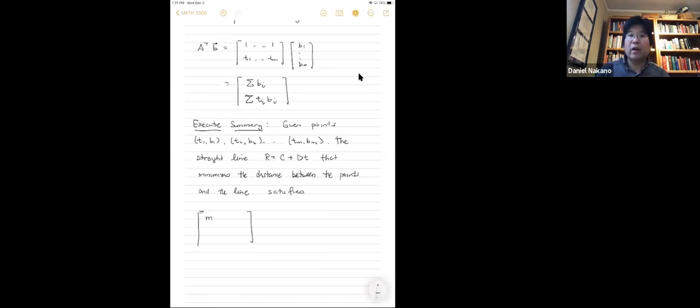I'm just writing out A transpose A: the sum of the T_i over here, and the sum of the T_i squared, times C and D. And that's going to have to be equal to the sum of the B_i and the sum of the B_i times T_i.